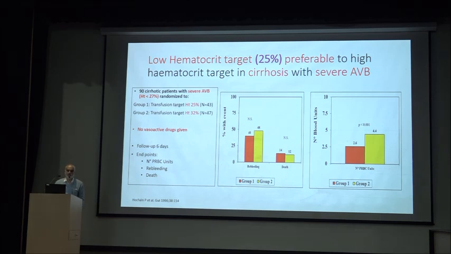In this study no vasoactive drugs were given and follow up was 6 days. As expected, rebleeding rates were similar in both groups, mortality was similar in both groups, whereas the number of RBC transfused was more in the high target group. So a hematocrit target of 25% is preferable as compared to higher targets.